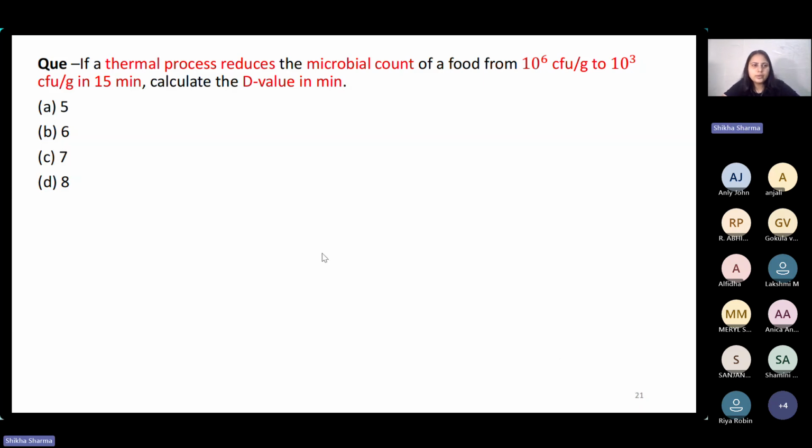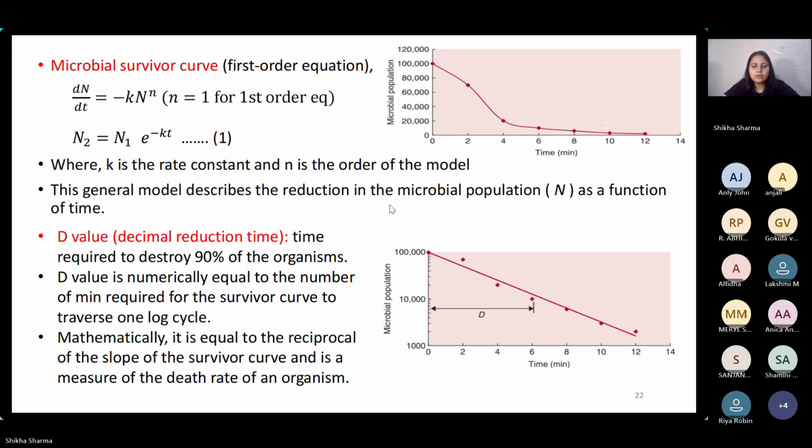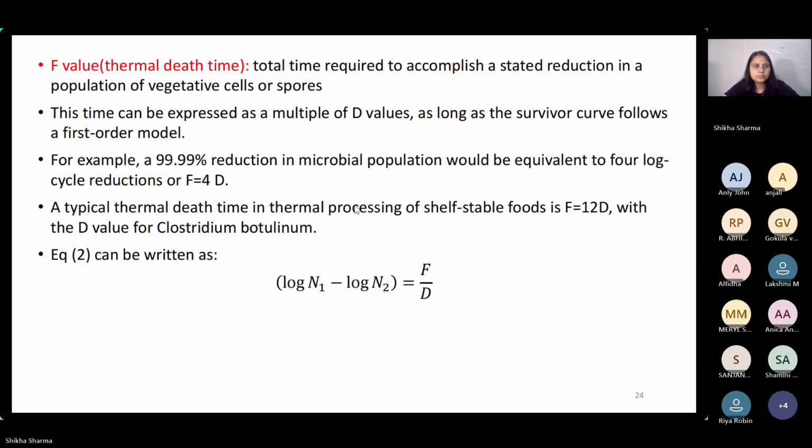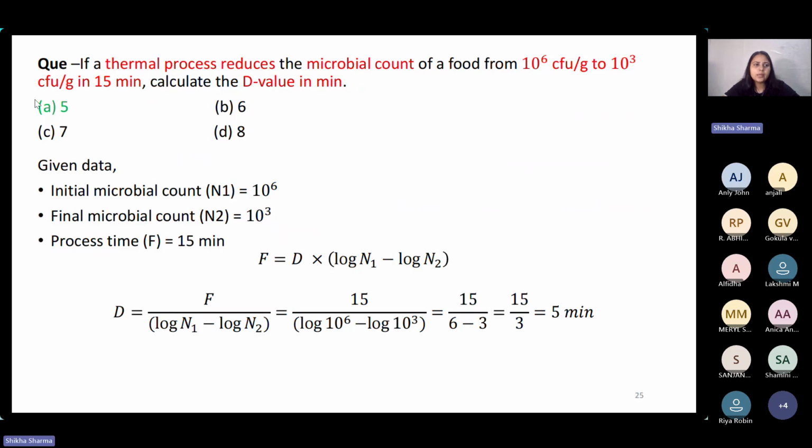Lakshmi has already calculated and she's saying B is the correct answer. Okay, let's see. A is the correct answer here.